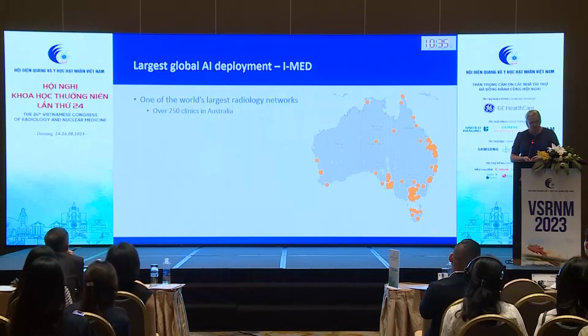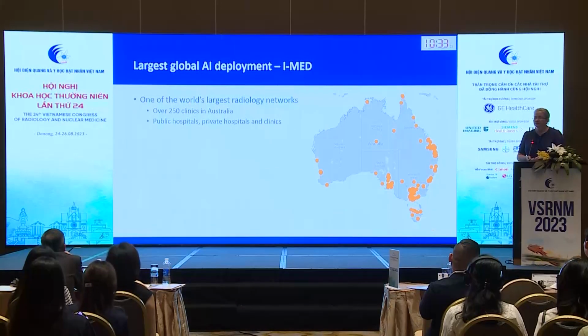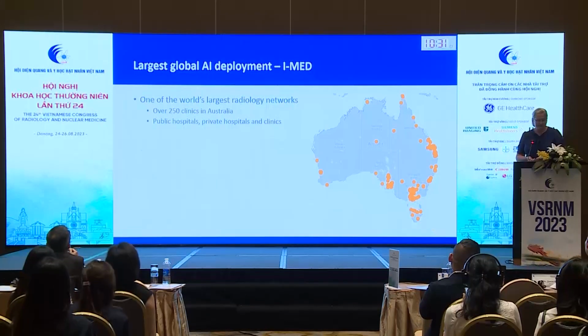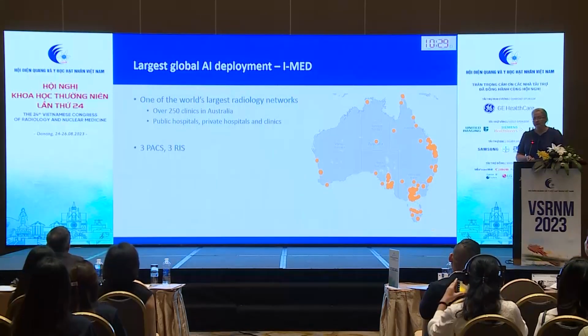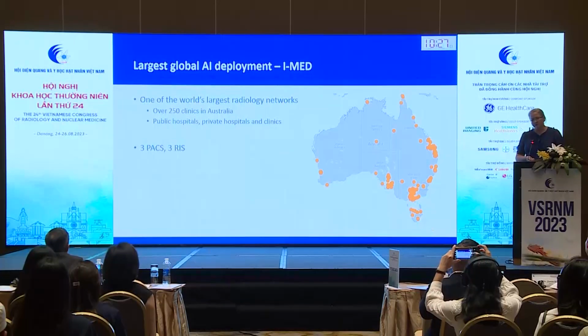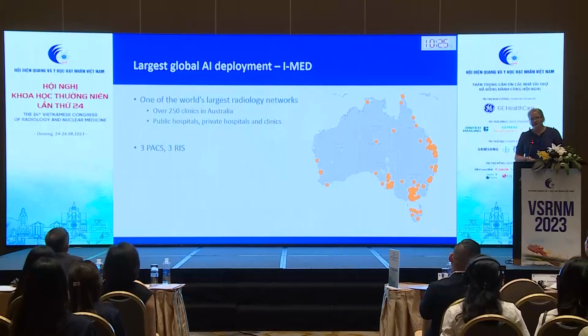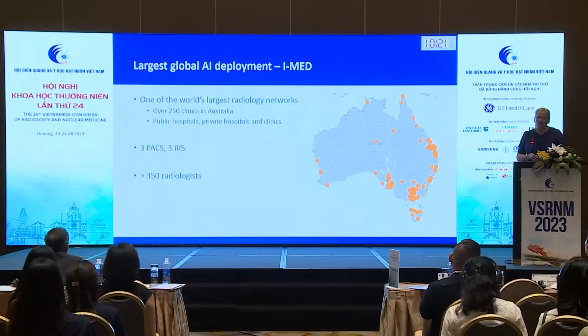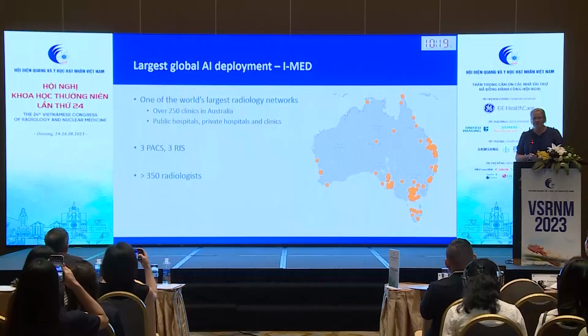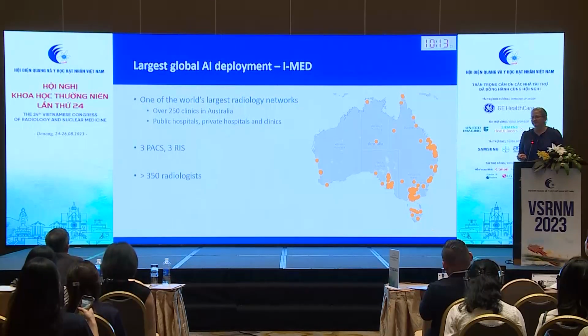We have hospitals and private clinics. We have 3 PACS systems and 3 different RIS systems. This is a complicated IT environment. We also have more than 350 radiologists to train how to use the AI appropriately. That is a challenge.